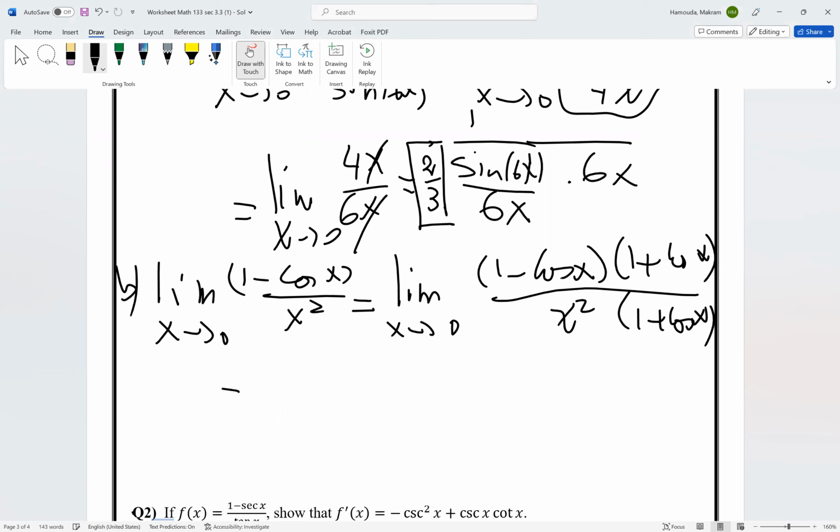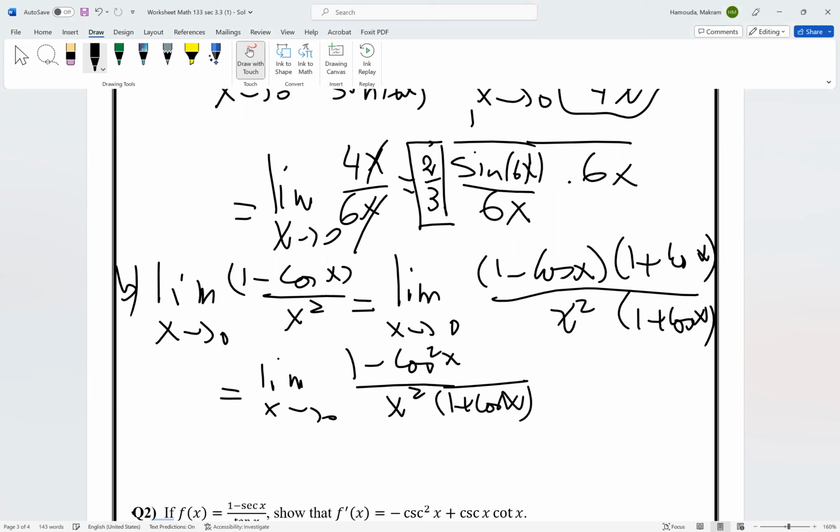So in the numerator, I will have 1 minus cosine squared over x squared times 1 plus cosine x. But 1 minus cosine squared x is equal exactly to sine squared. So this is the limit when x approaches 0 of sine squared over x squared times 1 over 1 plus cosine x.